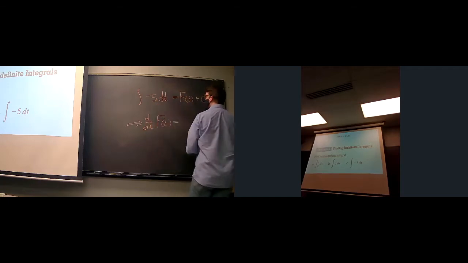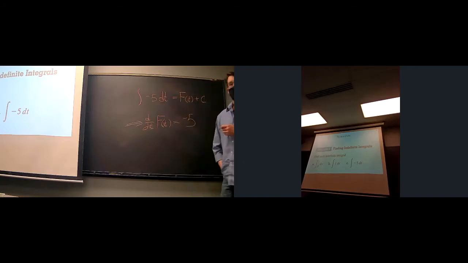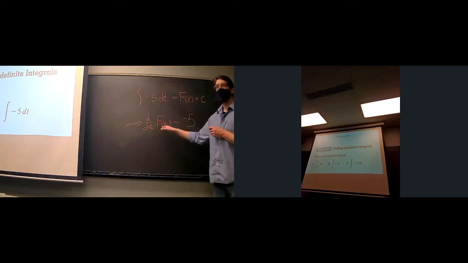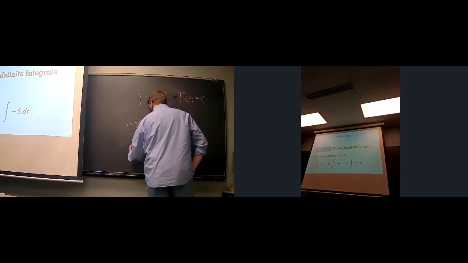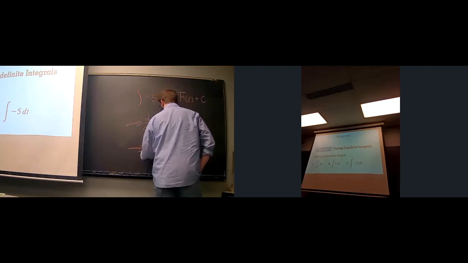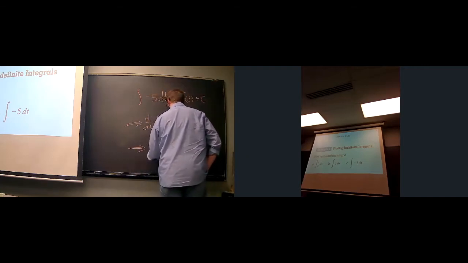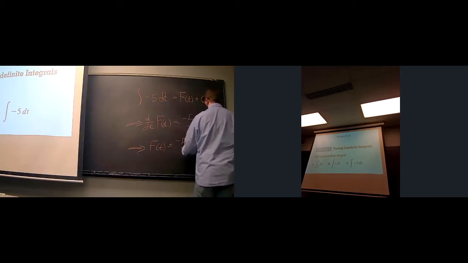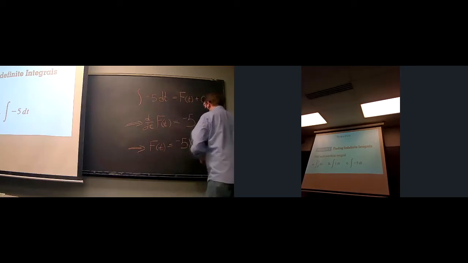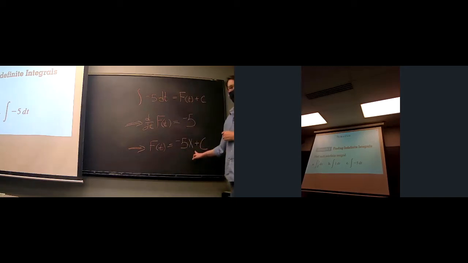What that means is that the derivative of this is going to come out to be -5. If that's the case, then the only functions that'll do that are those linear functions of the form -5t plus some constant, right?